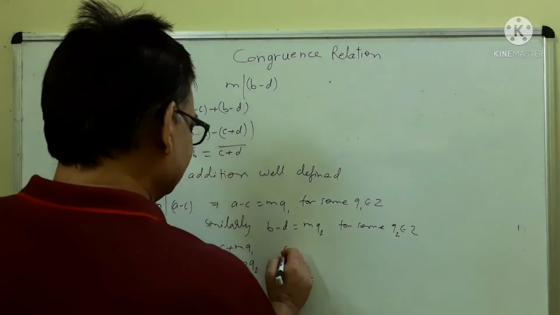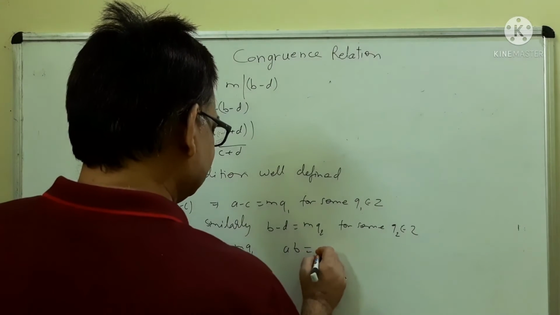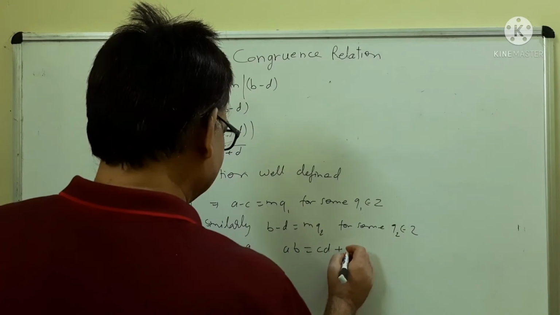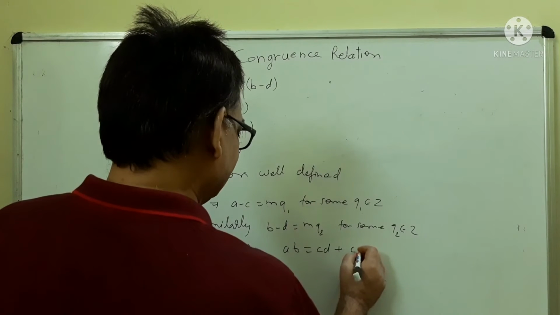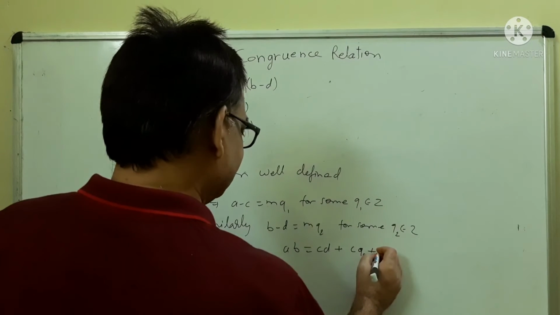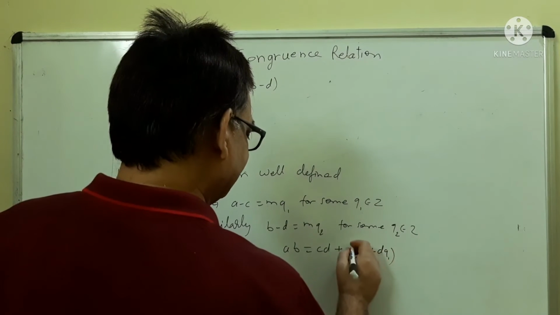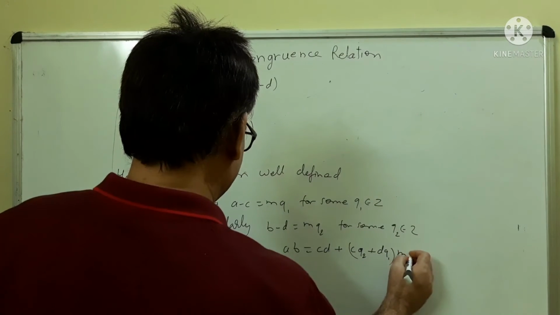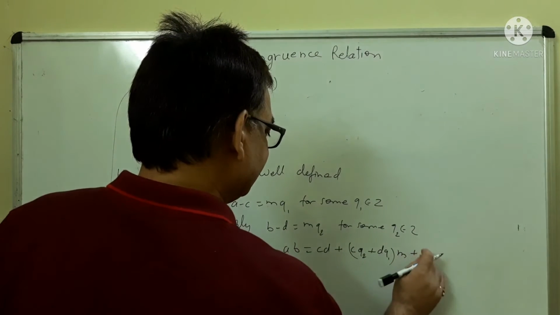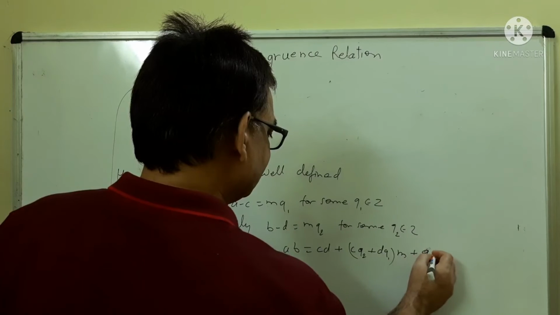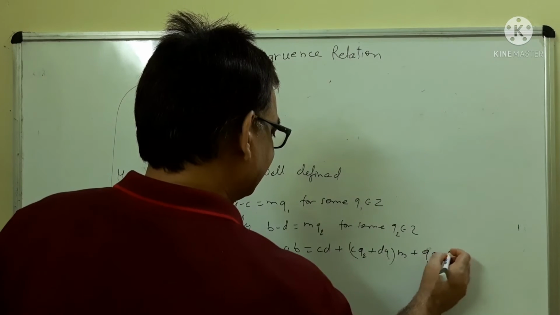Multiply them: ab is equal to cd plus (c q2 plus d q1) m plus q1 q2 m square.